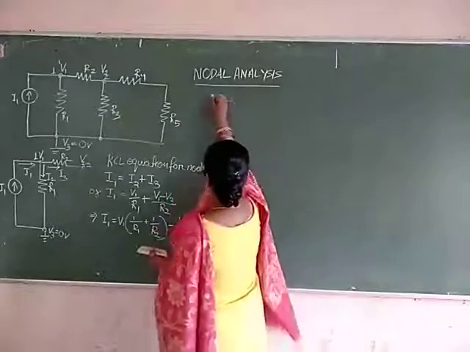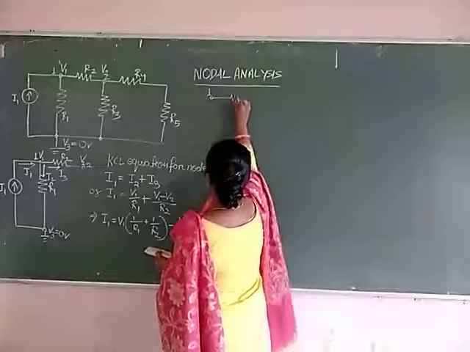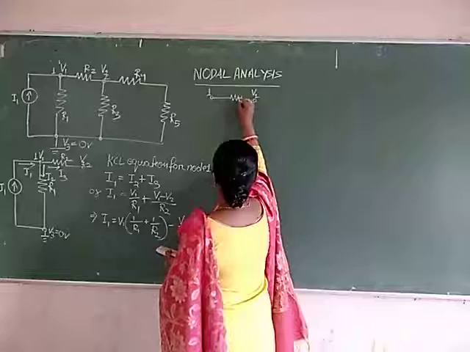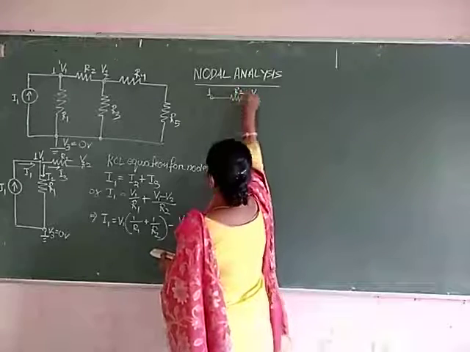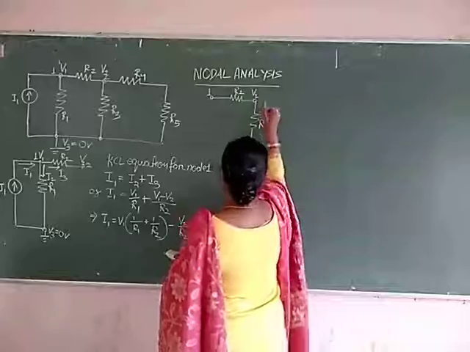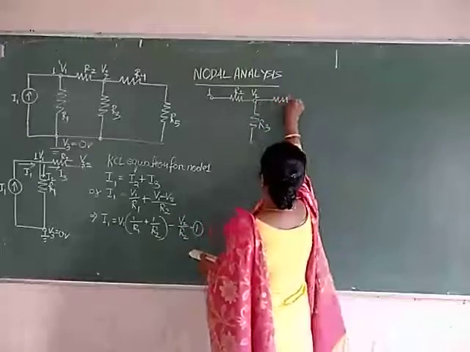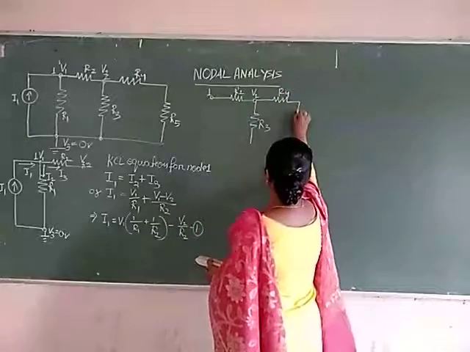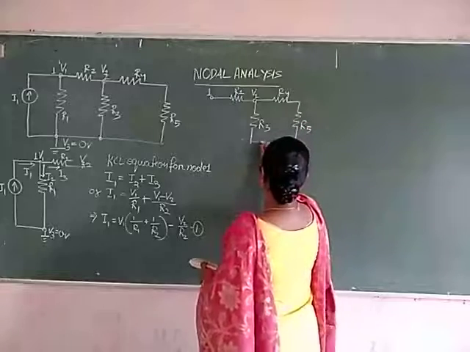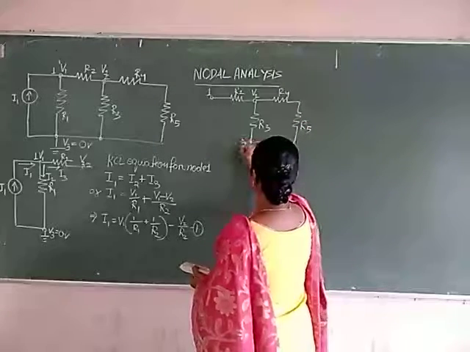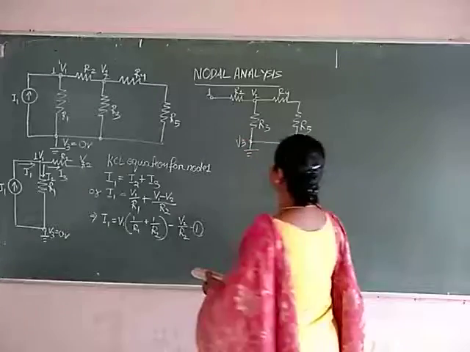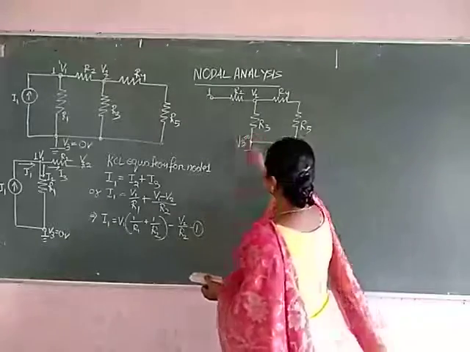This is node 1, this is node 2 where the voltage is V2, R2, R3, R4 and R5. This is node 3, zero potential node or reference node. Here potential is 0.